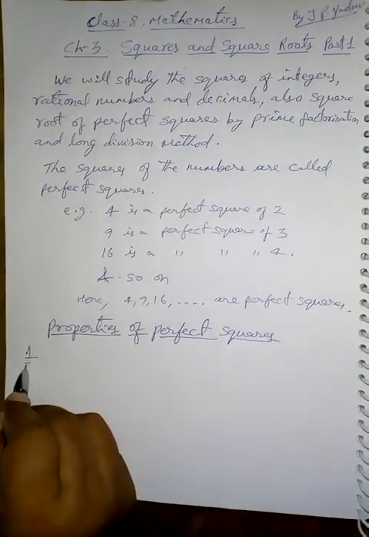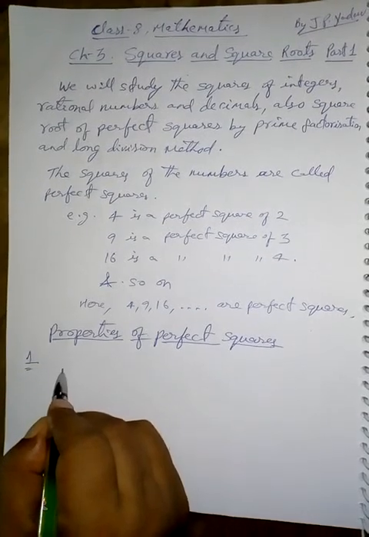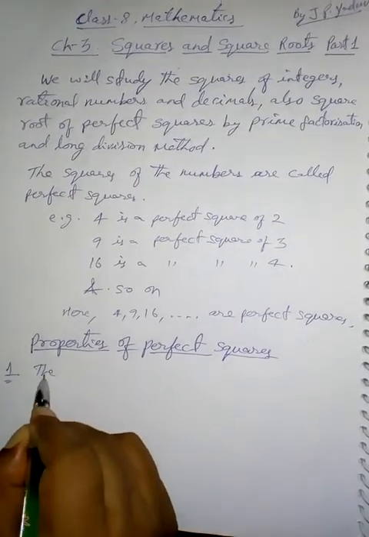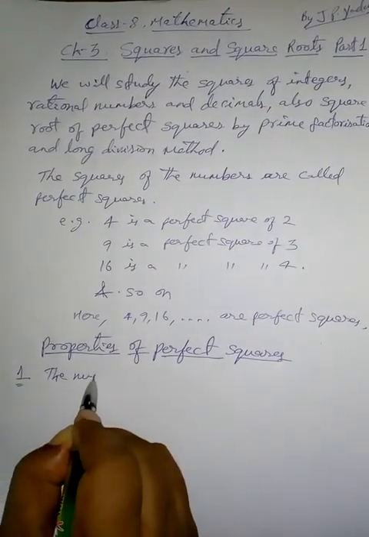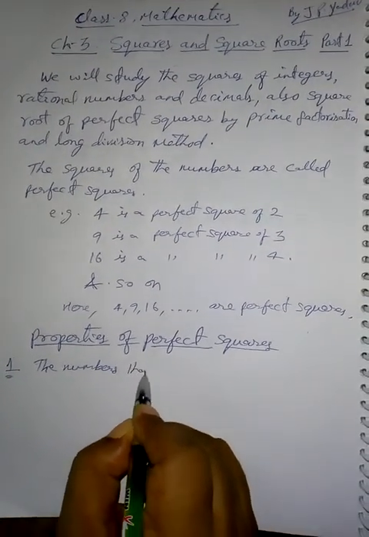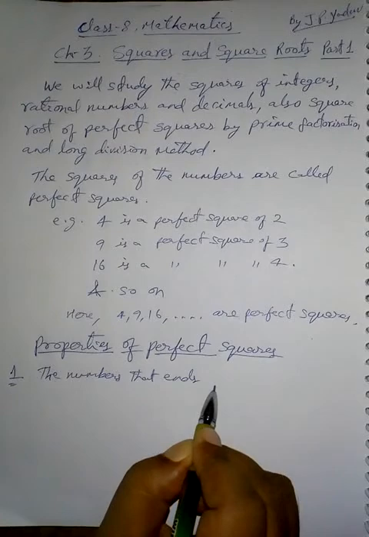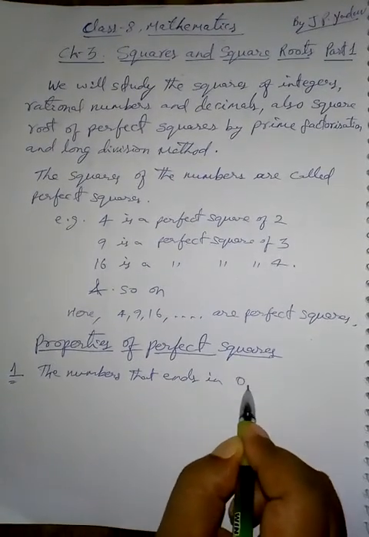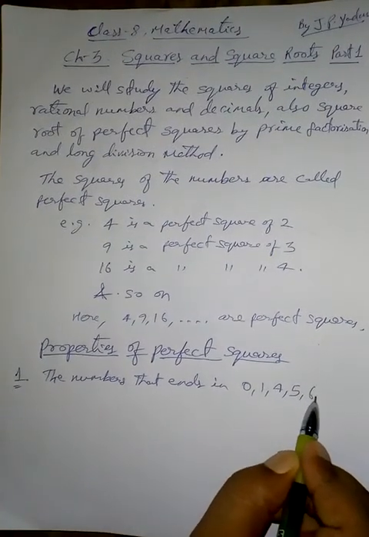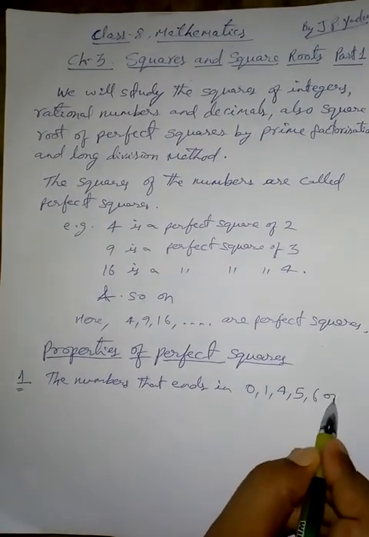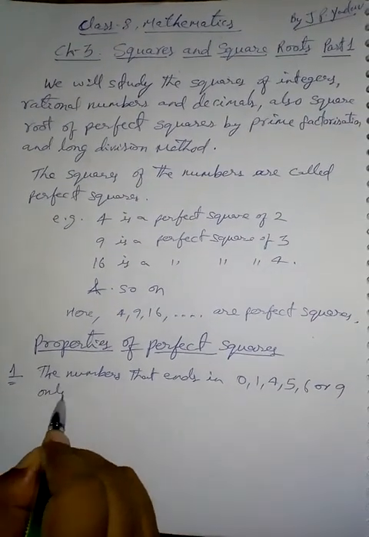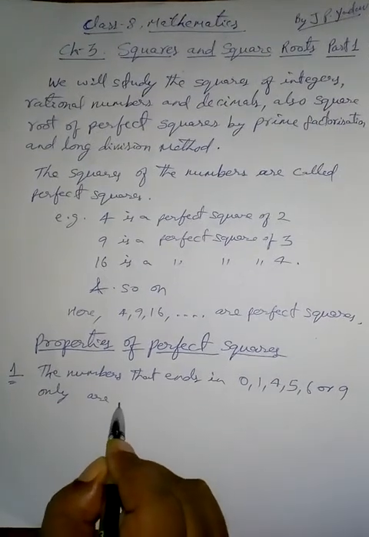First property, we know that the numbers that end in 0, 1, 4, 5, 6 or 9 only are perfect squares.